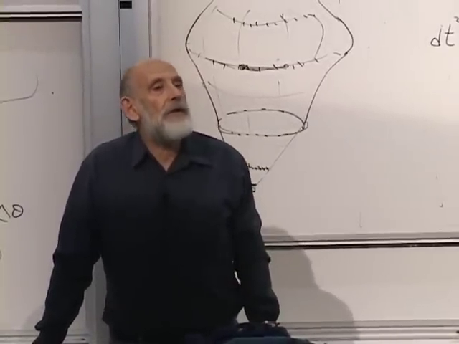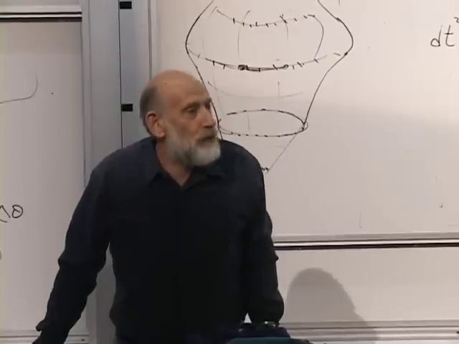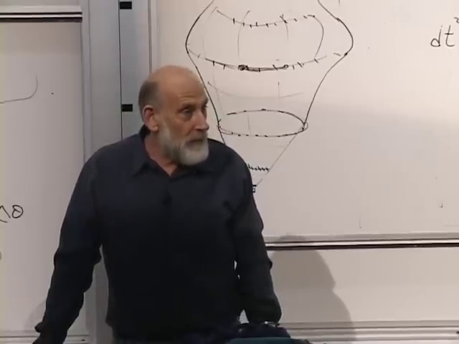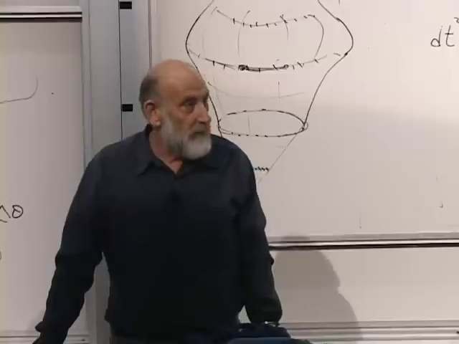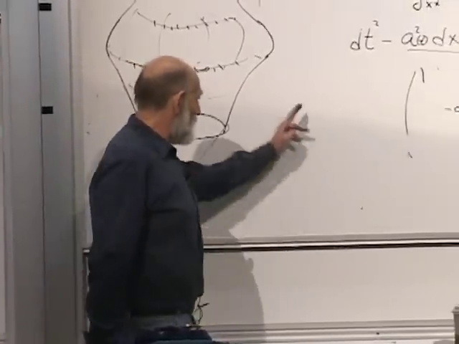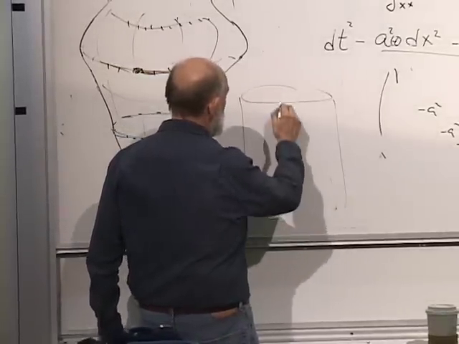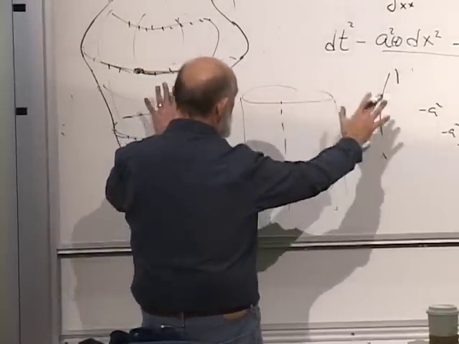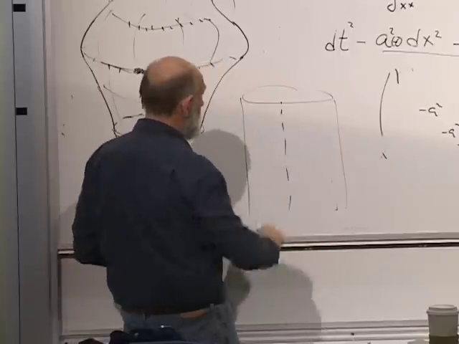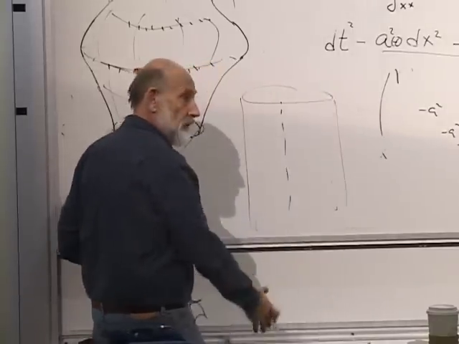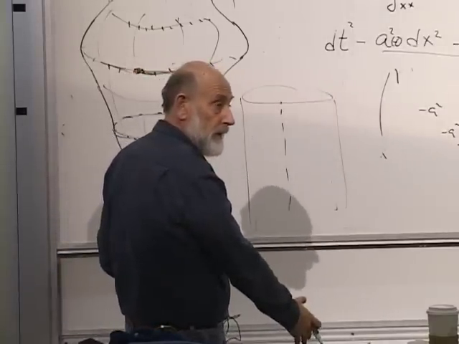No, the cylinder, the space-time is not curved. It looks like it's curved because I tried to draw it in 3 dimensions, but it's not curved. Remember why? You could take a scissors and cut it open without stretching it, and you could lay it out on the plane.